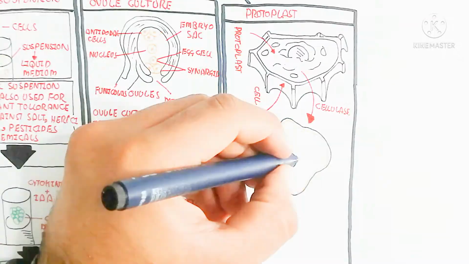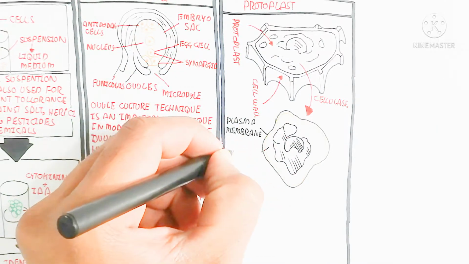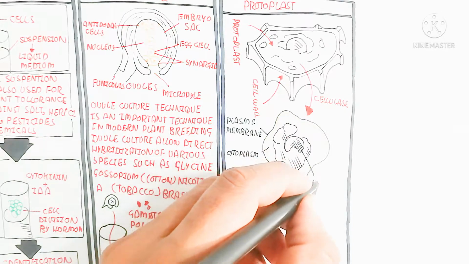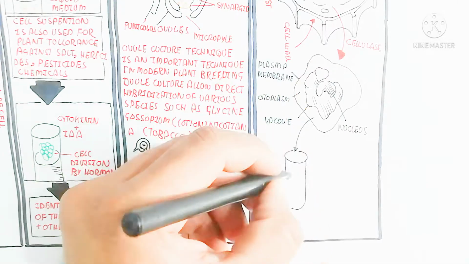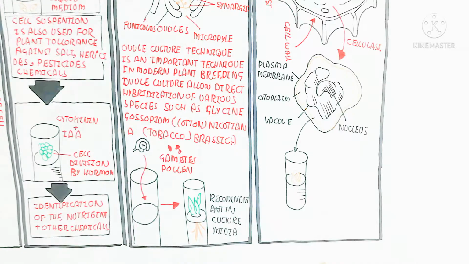We can separate it by maceration, that function is known as maceration. In the case of maceration, the cellulase enzyme is used to separate the cell wall. So here the protoplast will be formed, which contains plasma membrane, cytoplasm, vacuole, and nucleus.